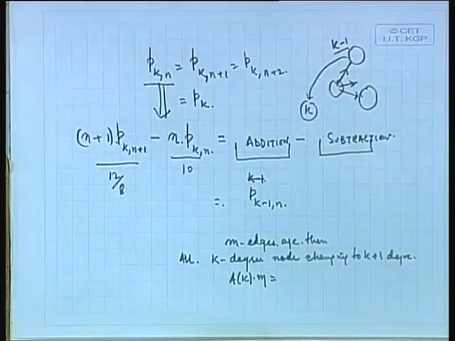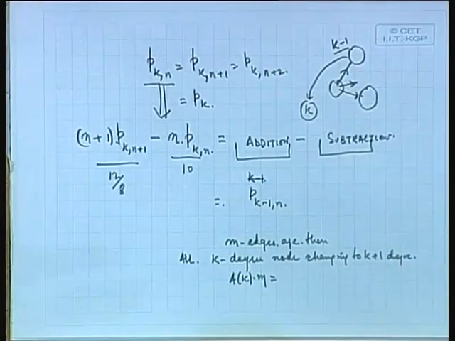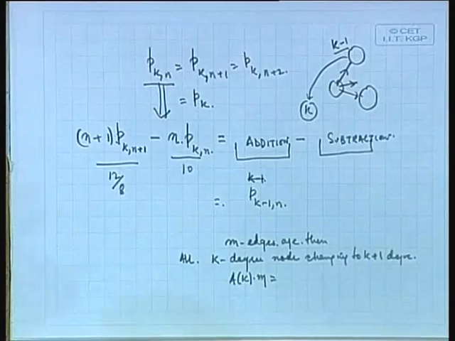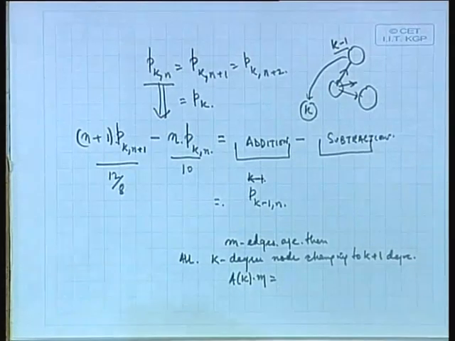The first edge is getting added to one k degree node, the second edge is getting added to some other k degree node. So, all the probabilities are independent. Okay.